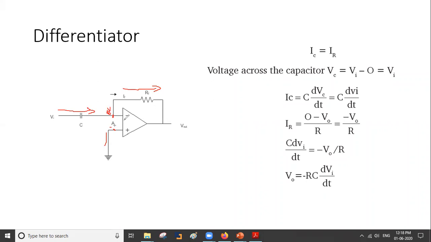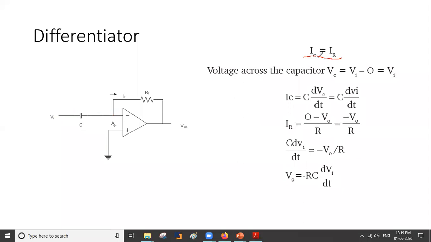And we know that the input impedance is high, so most of the input current produced due to this Vi flows through the feedback resistor. So we can write IC is equal to IF, that is IC is equal to IR.